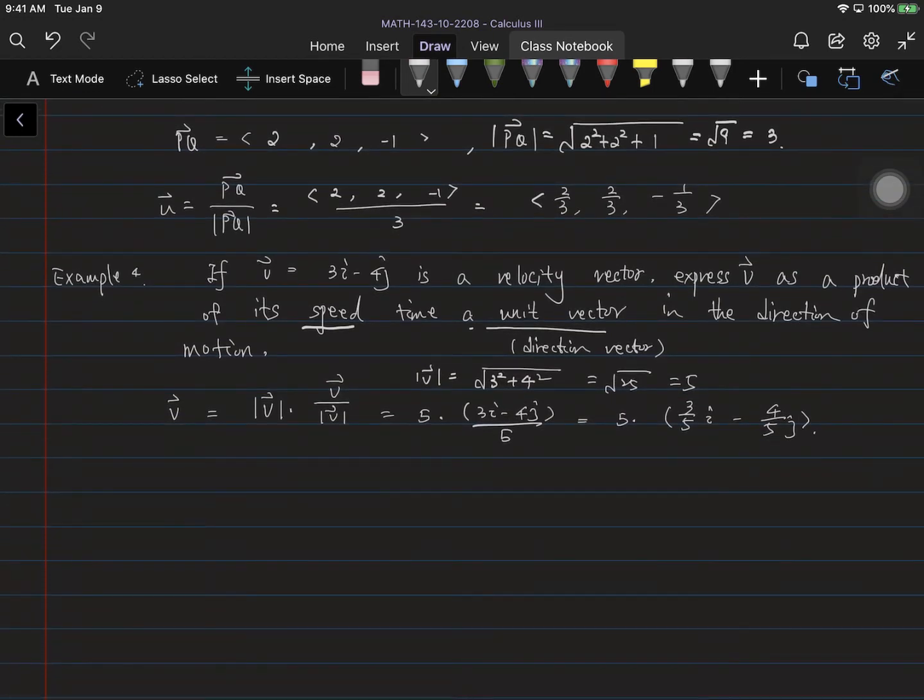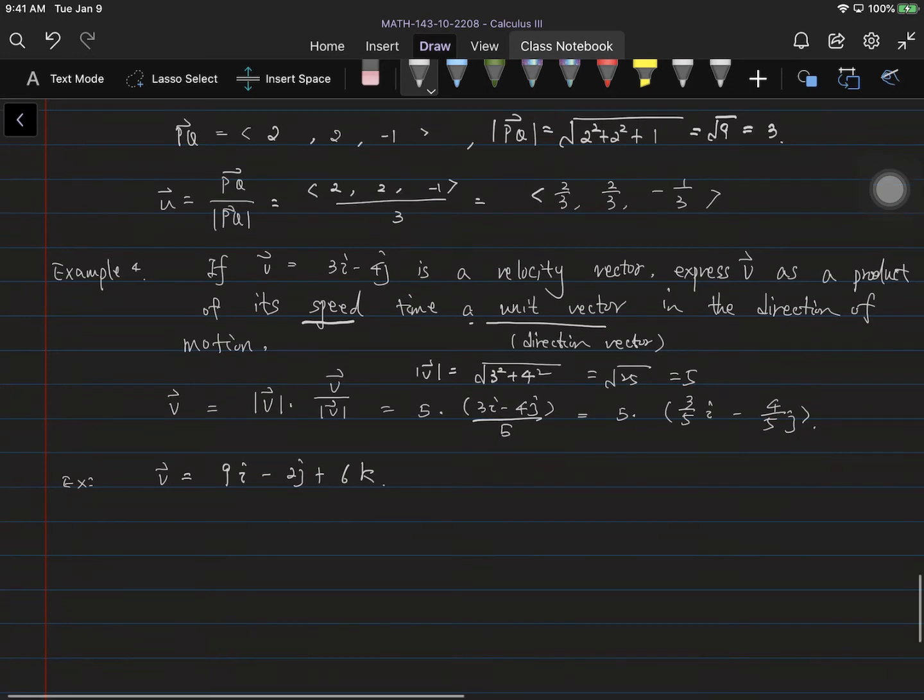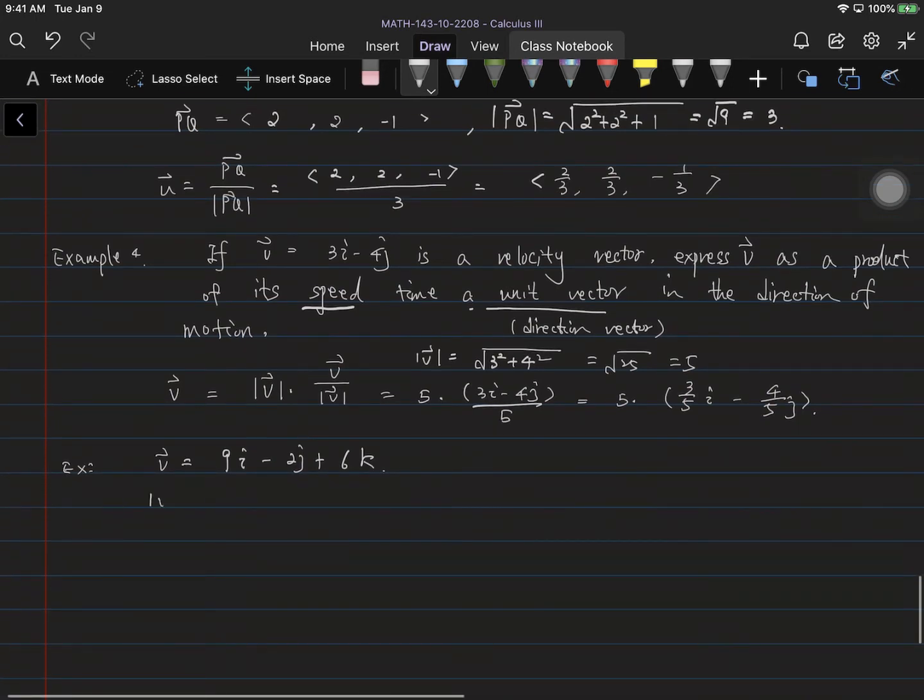Now let's take a look at this exercise problem. The v vector is given by this, and we know this is a 3D vector. First step, we find the length: 81 plus 4 plus 36, 121, which is 11.